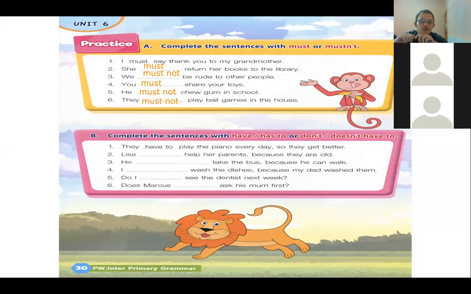So, Lisa, blank, help her parents because they are old. What should we do? Have, has to, don't, doesn't have to. What do we think for number 2? Has.